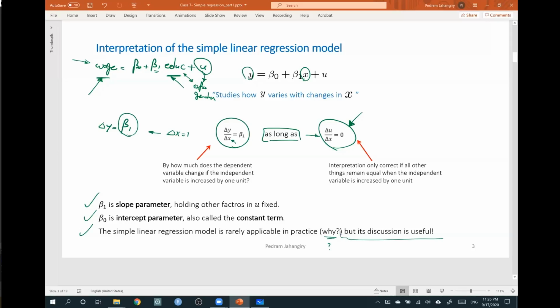However, its discussion is super useful, because we're going to derive all these calculations, for instance beta hat 0, beta hat 1, and etc. We're going to do all the analytics behind the regression analysis by using the simple regression model.